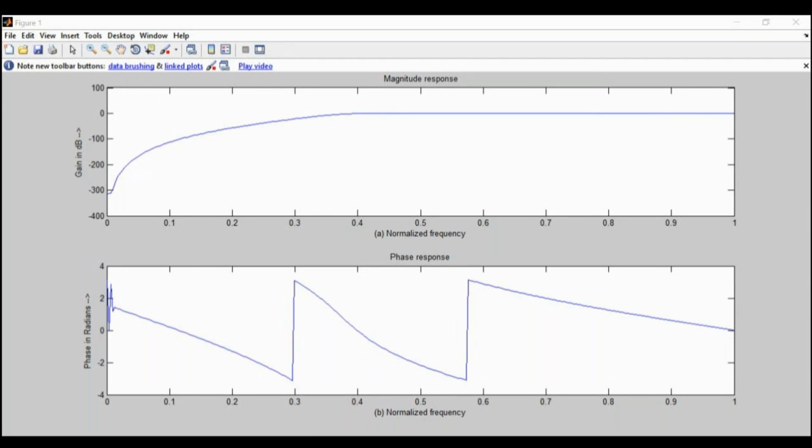You can see that the high pass filter is functioning for the high frequency components. For low frequency components the curve is decreasing, whereas for high frequency components after some higher frequency it gradually remains constant. The phase response is non-linear in nature, as usual. So this is about the Butterworth high pass filter program.